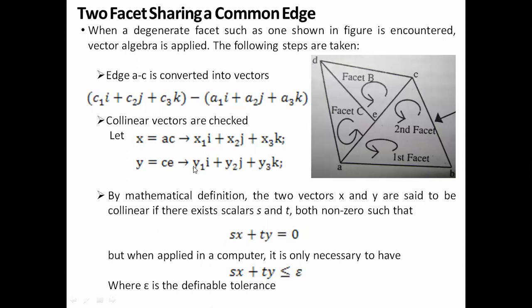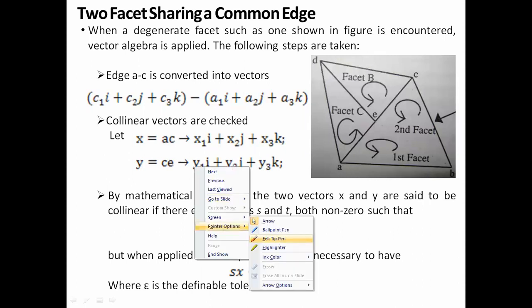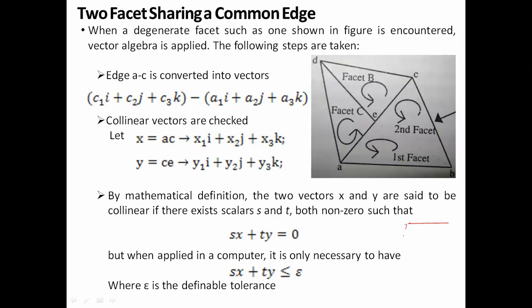Now, generally what happens in an STL file is you get an object like this, where you have one facet, let us call it facet A, and this is facet B. So there are two facets which are sharing a common edge.